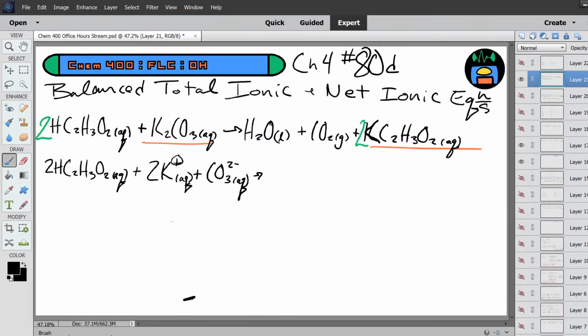Okay, yeah, no, that checks out. To produce 1 molecule of liquid water, plus 1 molecule of carbon dioxide gas, plus, now we can break this up, 2 potassium cations and 2 acetate anions.